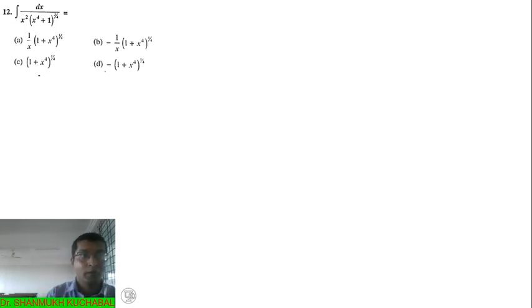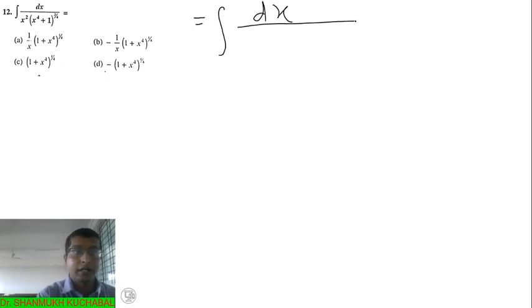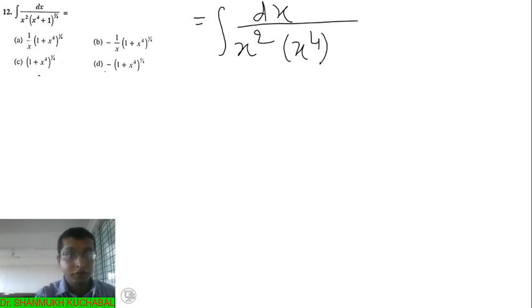Further, example number 12: integration of dx divided by x square, x raised to 4 plus 1 raised to 3 by 4. Here we take x raised to 4 as common, and we get x raised to 4 raised to the power 3 by 4 into 1 plus 1 by x raised to 4.